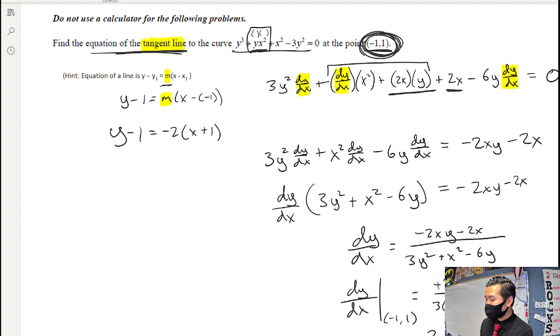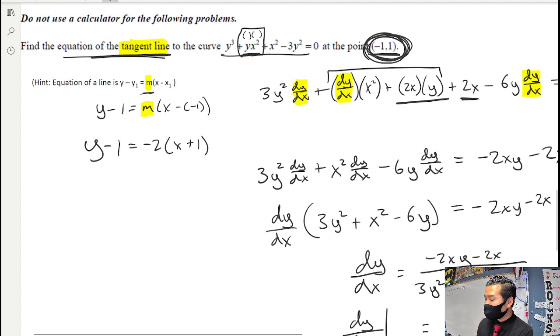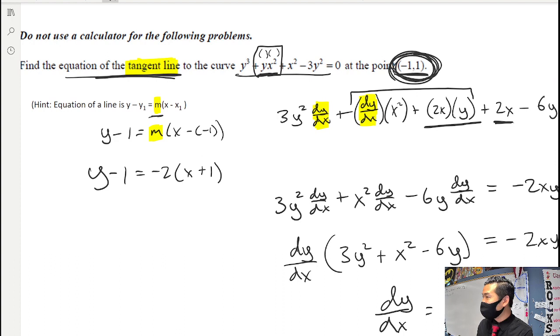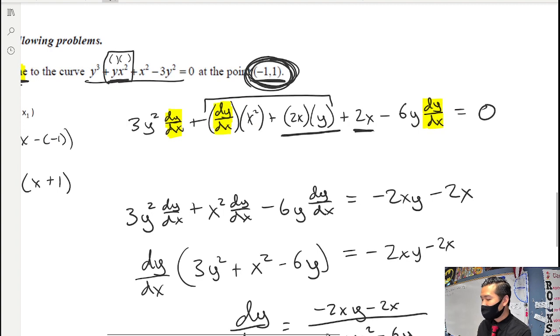Now here's this thing though. If they ever give you the point to plug in for x and y, you don't need to solve for dy/dx yet. You could just plug in the values for x and y at the very start. You know that right here I have my x value and my y value?